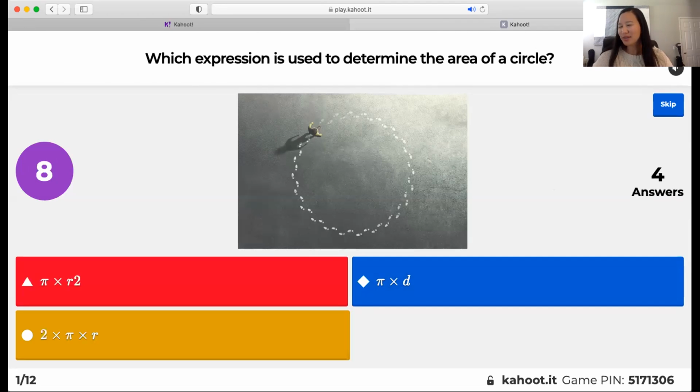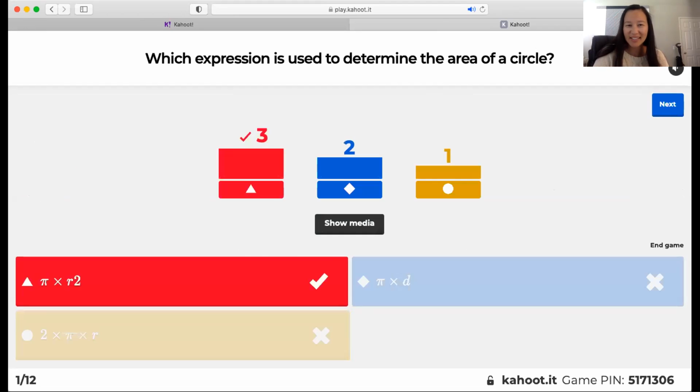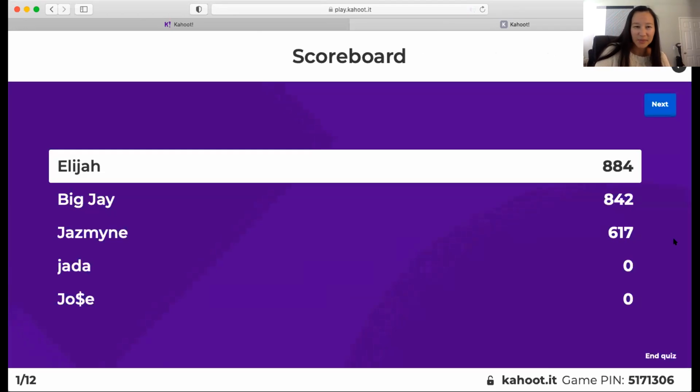Yep, and you can use your notes. You need to. 5, 3 seconds. All right, good. Pi times the radius squared. Woo, good job, Elijah. Jaden and Jasmine.